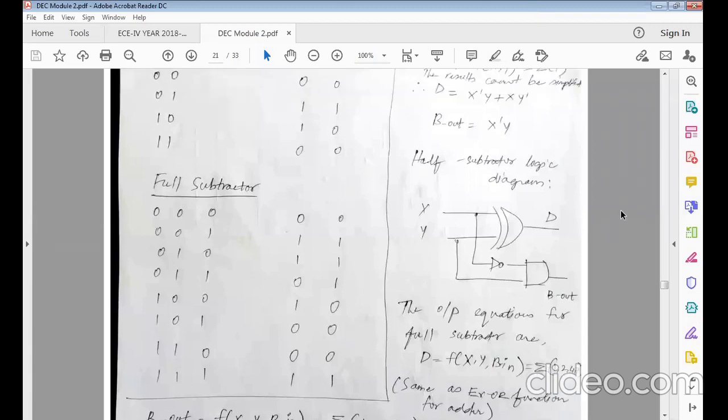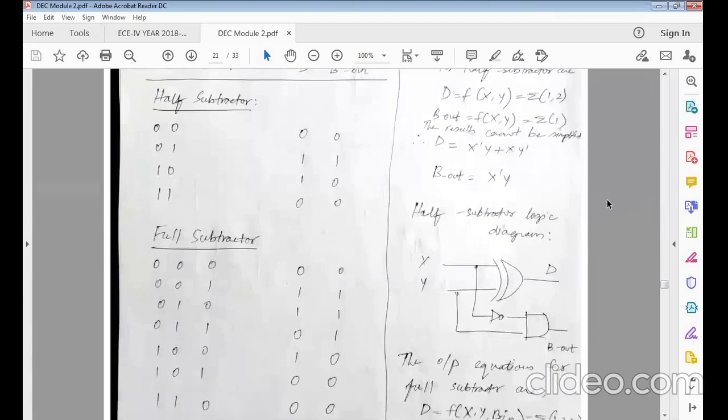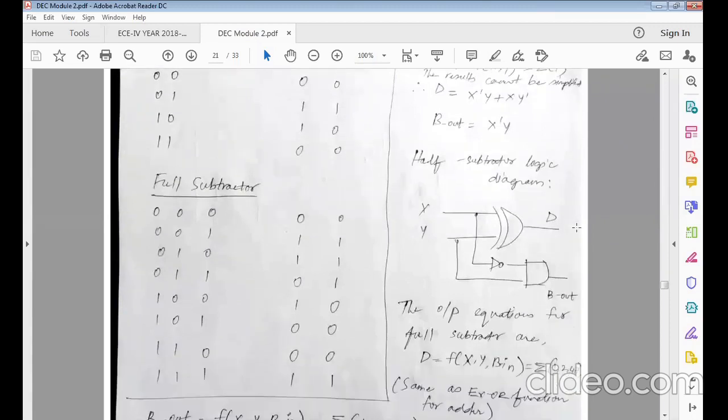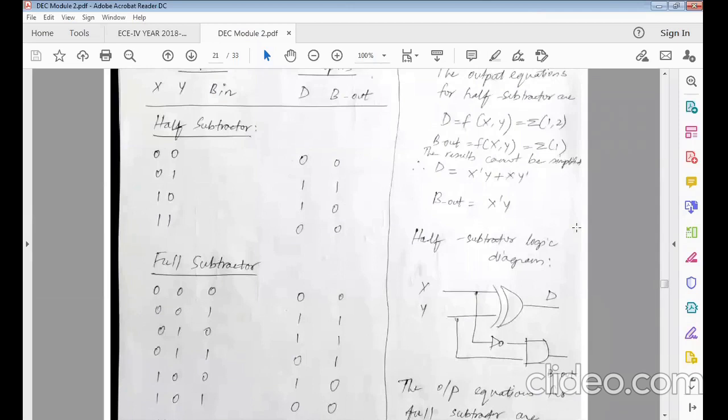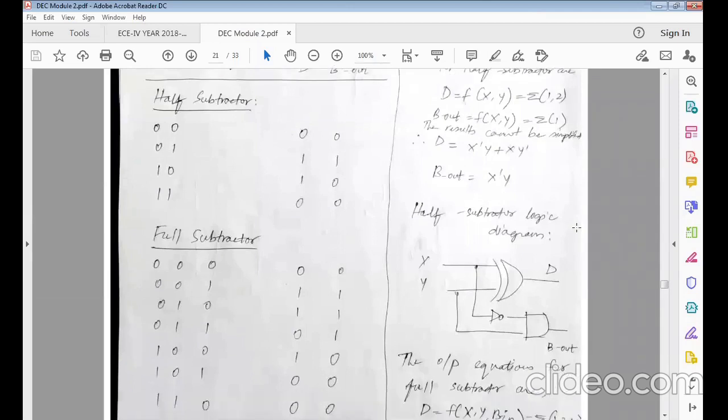Okay, so according to the equations, you will have your borrow and difference. So difference here, again we are going to use an XOR gate, x bar y and y x bar, and then your B out.